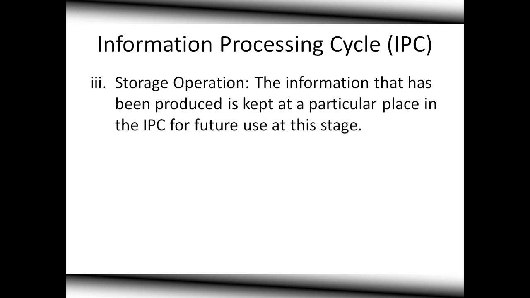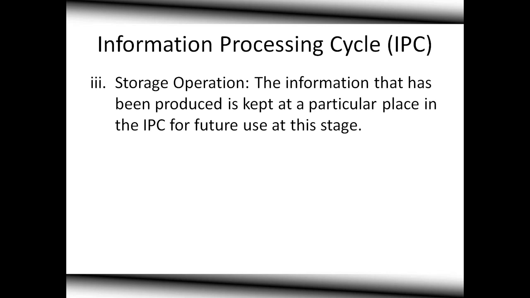Then we come to the storage part. The storage part is simply referring to the stage where our information that was produced at the processing stage, after it has been produced, the storage operation will be performed in such a way that that information will be stored somewhere.